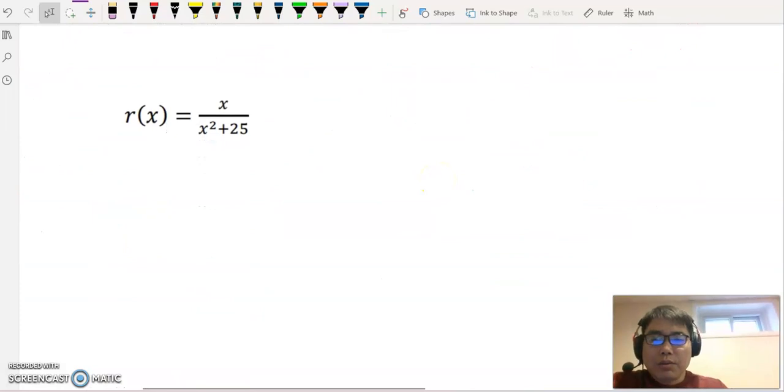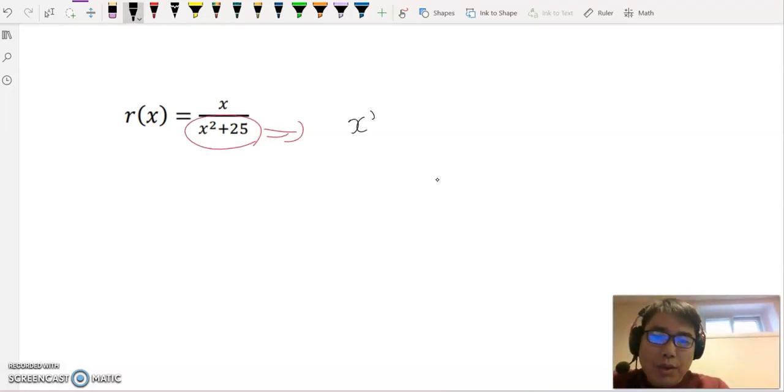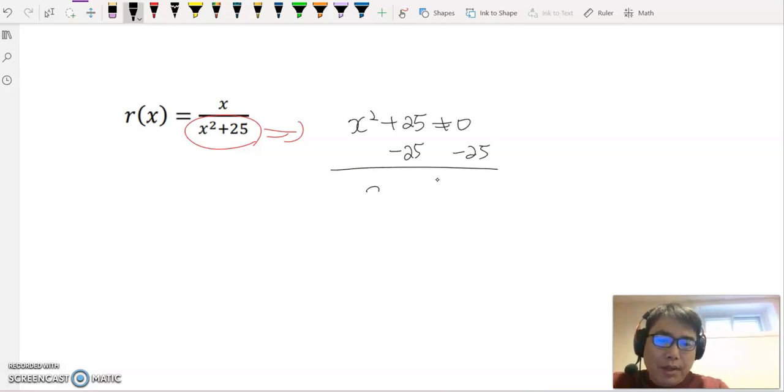R(x) equal to x over x squared plus 25. Okay, same thing. I don't care about the numerator to determine the domain. So I'm going to bring out the denominator to the side. So x squared plus 25 cannot be 0. Okay. I don't think it's factorable. So I'm going to just move 25 to the other side here. Then x squared cannot be negative 25. And then you know that a square value cannot be a negative value, right?